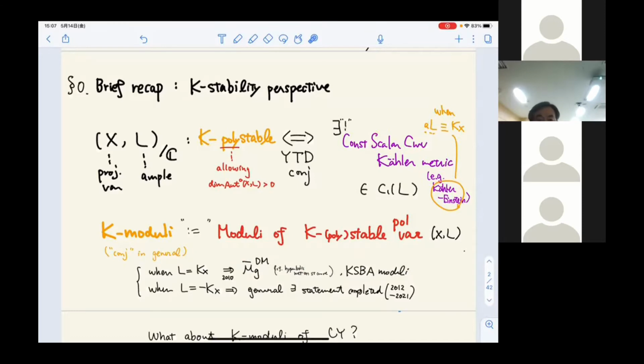Also recently, in another special case, a kind of opposite case, when L is minus K_X, the existence of K-moduli is also done. So the general existence statement is completed. What I mean is that the K-moduli exists as a projective scheme.